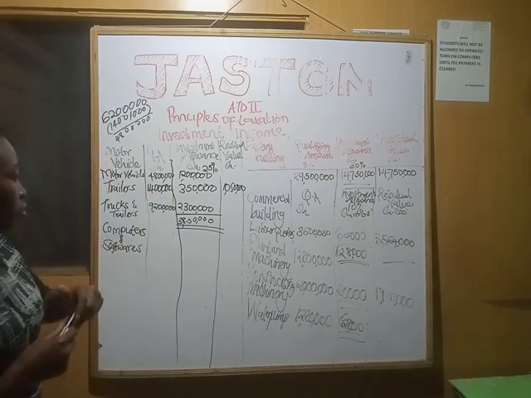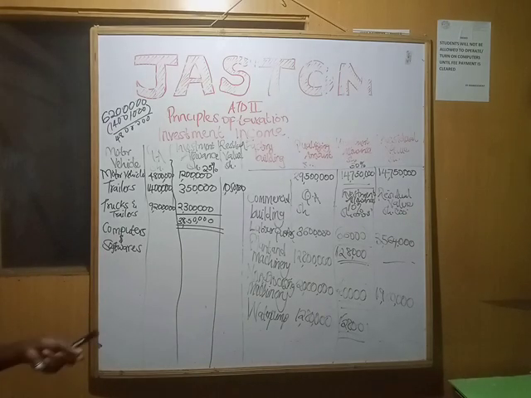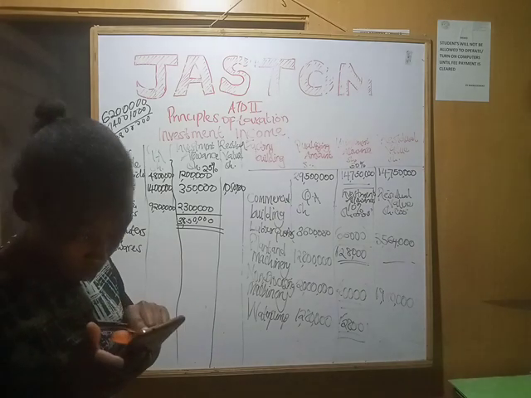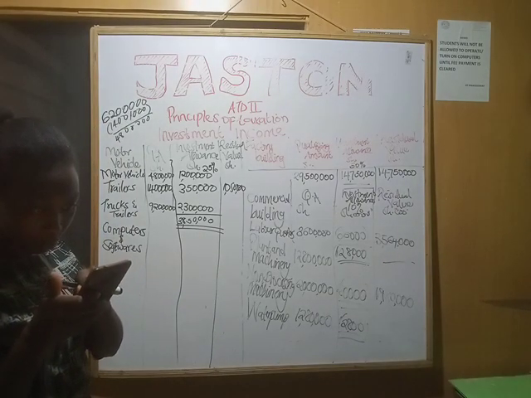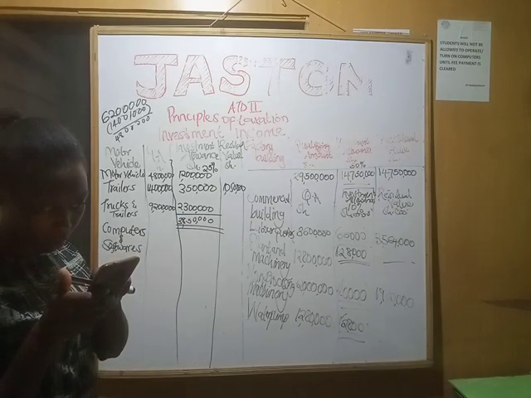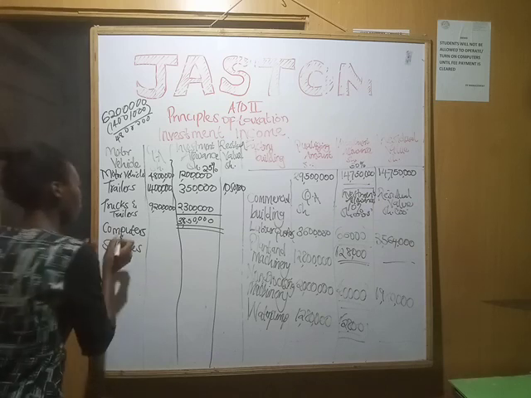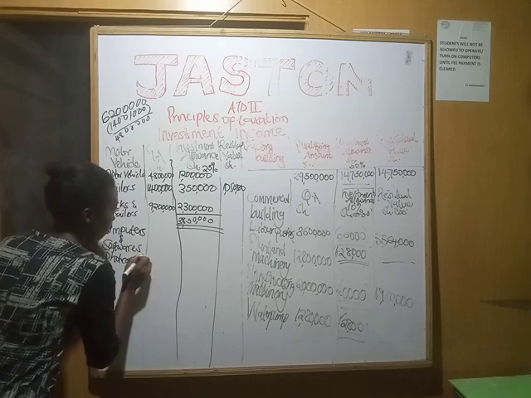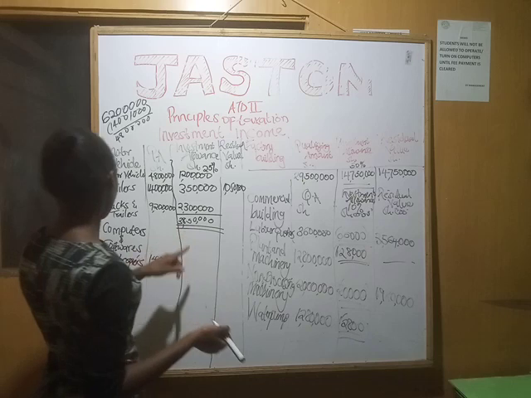Over here, we have computers and softwares, of which we have photocopiers at 140,000. This is our qualifying amount.